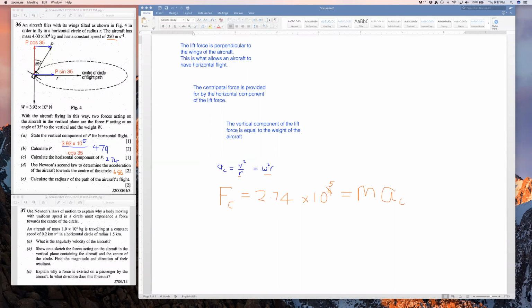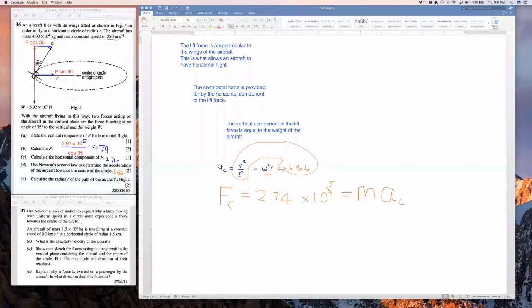And the last part, calculate the radius. Once we found the acceleration at 6.86, we can simply use this part here, the v squared over r part.